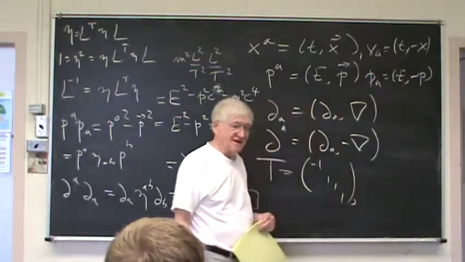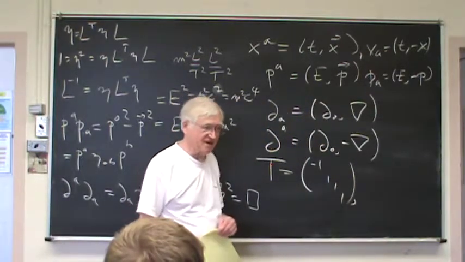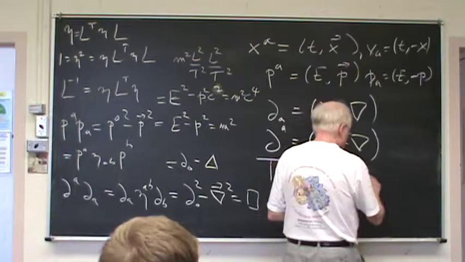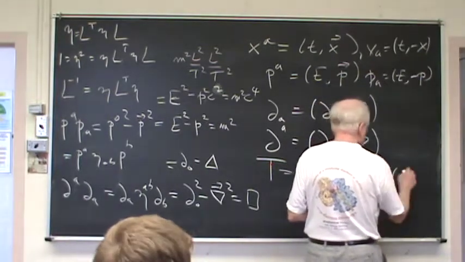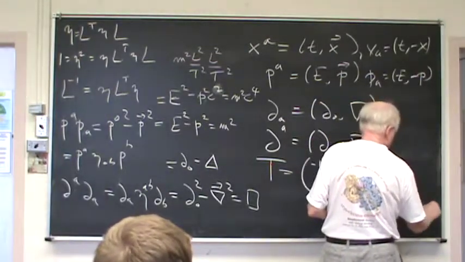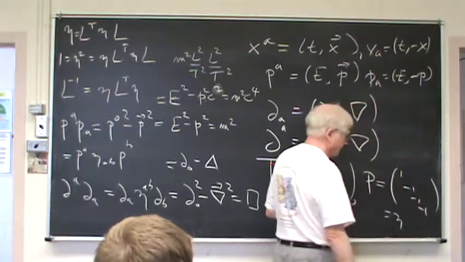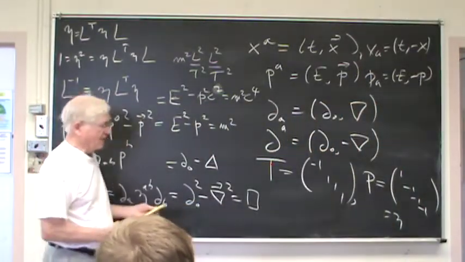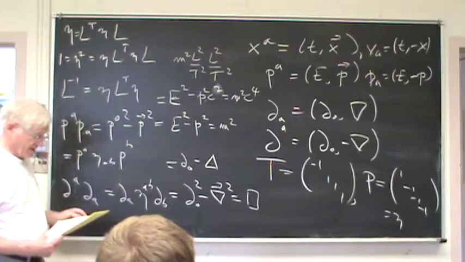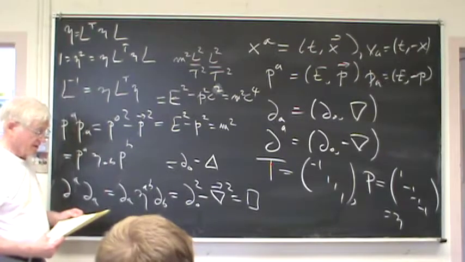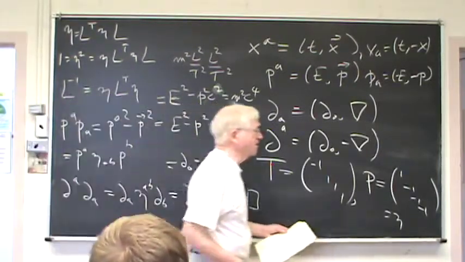By the way, quantum mechanical time reversal is spooky. Very spooky. Parity is 1, minus 1, minus 1, minus 1. Of course, this is the same thing as eta, really. And that's the parity operator, or matrix.